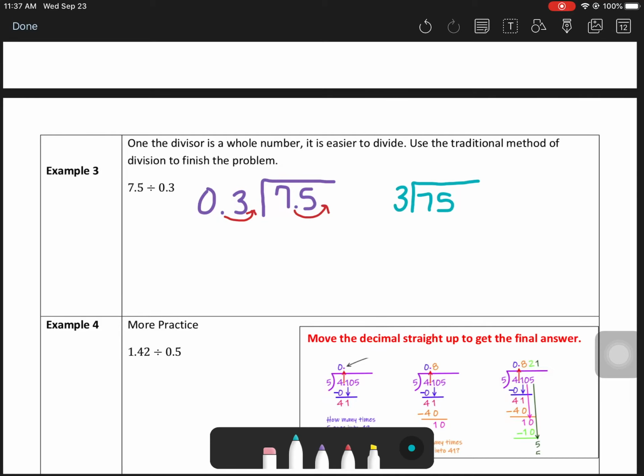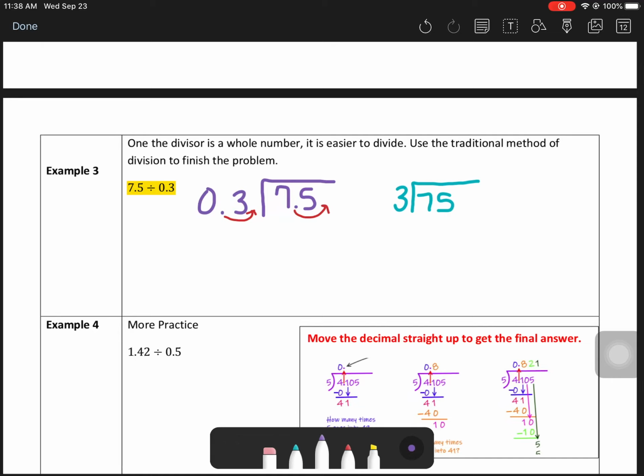So when we divide, the first thing we'll do is we want to know how many 3's can go into 7. So how many 3's go into 7? There would be 2 3's that go into 7.